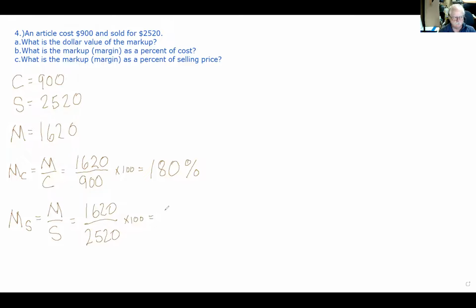And we don't really know how many decimal places, so let's go to 2. 64.29%. And that's all there is to it. When they say markup based on cost or as a percent of cost, they just mean divided by cost or divided by selling price.